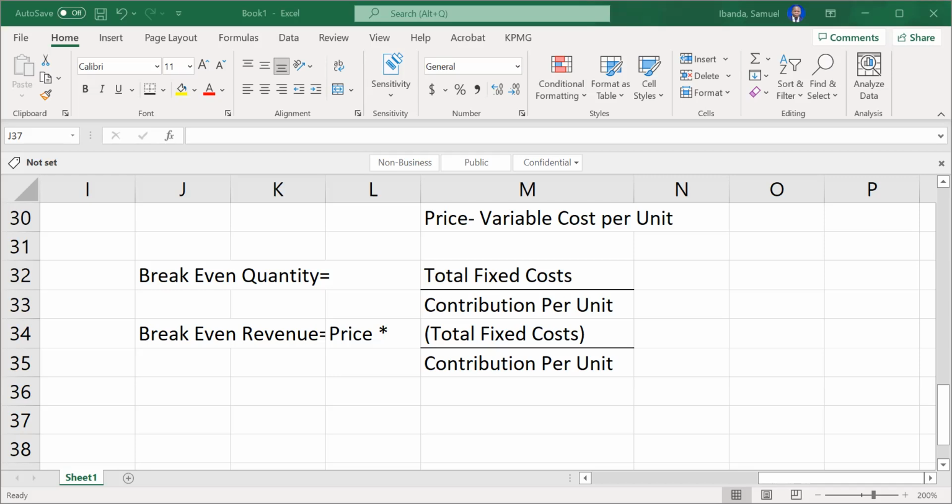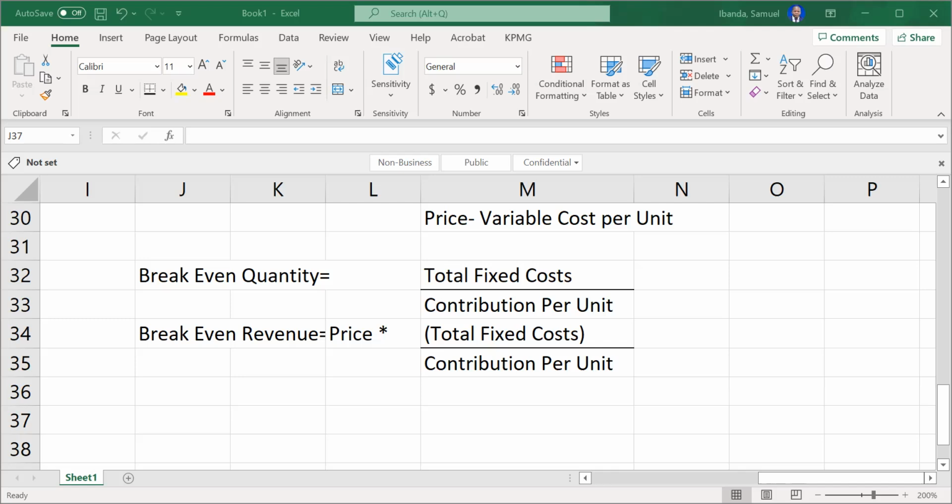Contribution, you could look at it from the accounting perspective, just like the way we have gross profit, where we look at revenue and remove cost of sales.